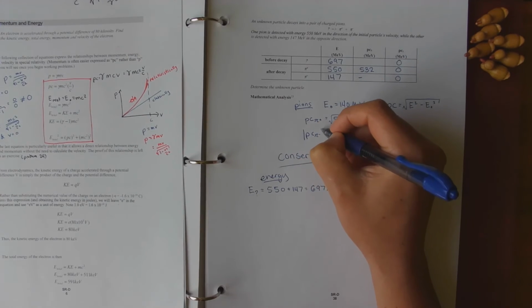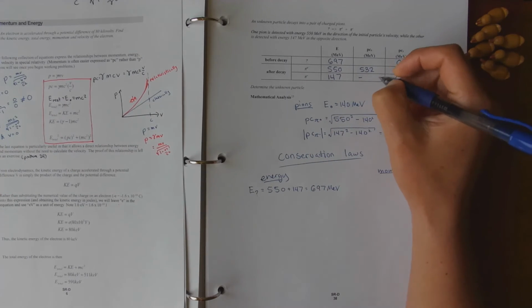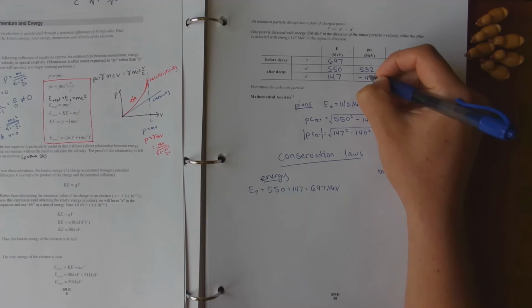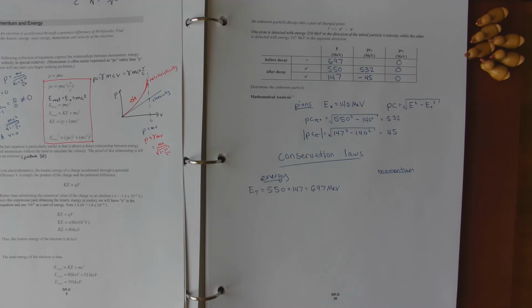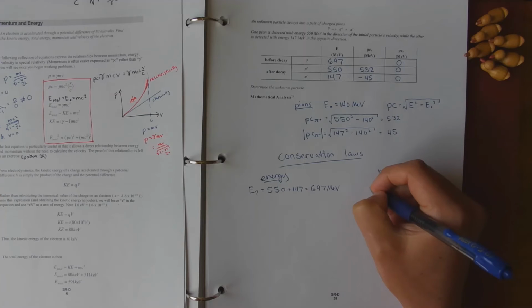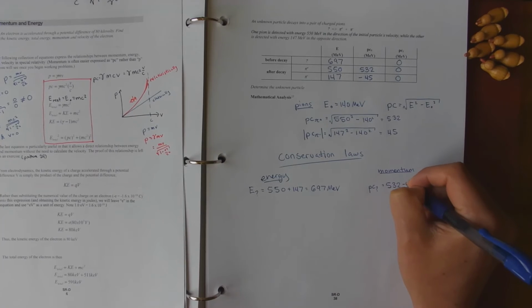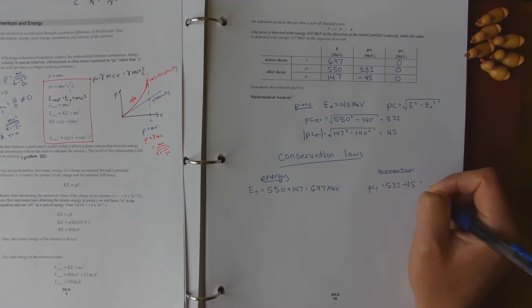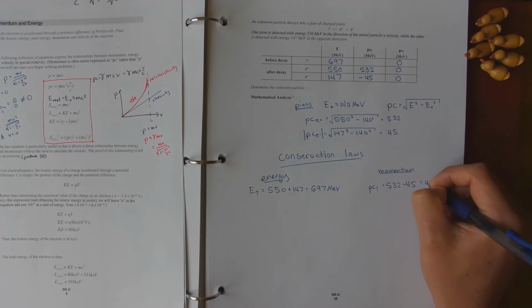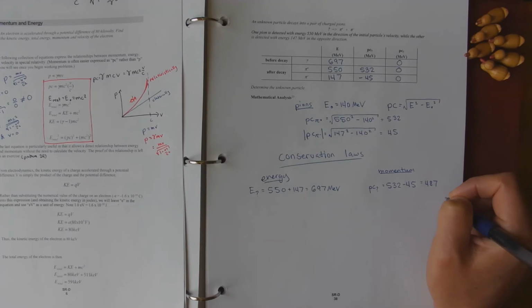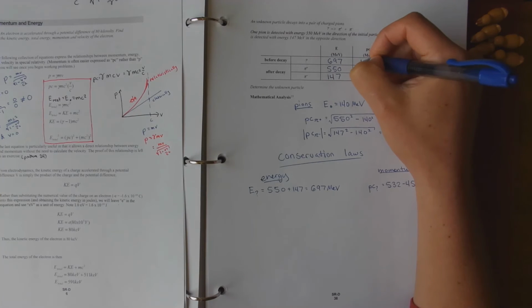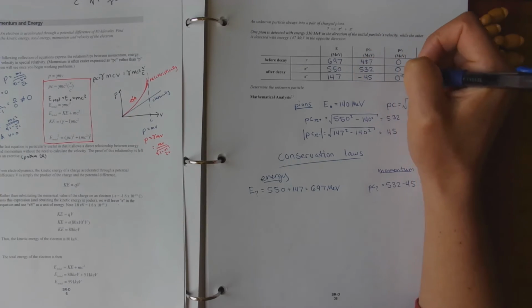So can I just say this is the absolute value, and I'll put in the negative sign up here because I know it's going in the opposite direction. So then for momentum, I have the momentum for the unknown particle is equal to 532 minus 45, which is 487.